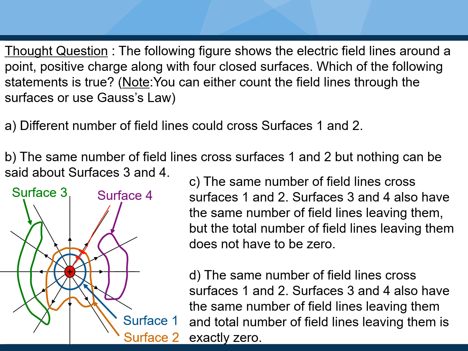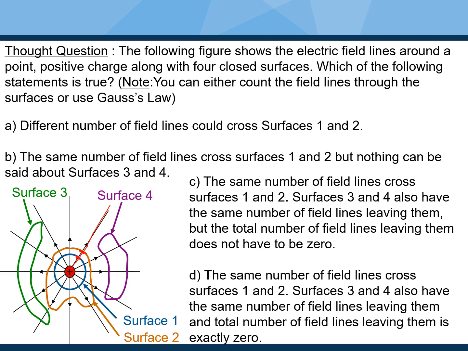And if they enclose the same point charge, then by Gauss's law, it is guaranteed that they have the same number of field lines coming through them. So we can say that the same number of field lines cross surfaces 1 and 2, either by simple brute force counting or by a somewhat more sophisticated application of Gauss's law. As we go further, we will make our application of Gauss's law more sophisticated.